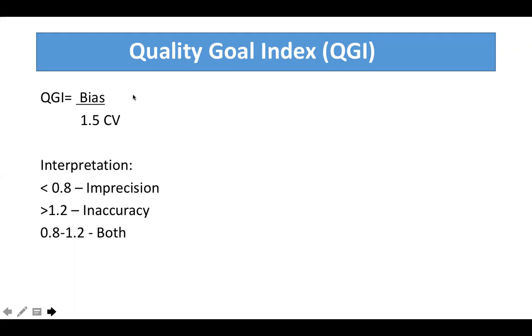Now that we were discussing, if suppose bias has increased, CV is also increased, and there is no other possibility. But we are applying this.